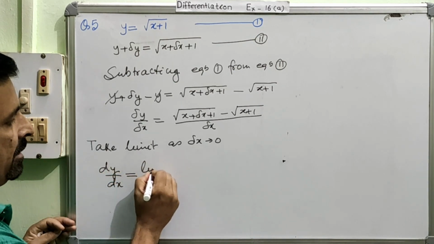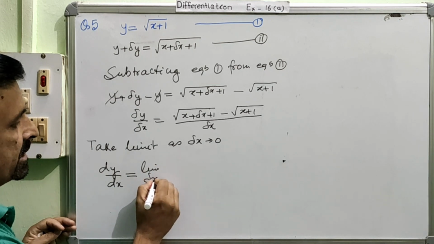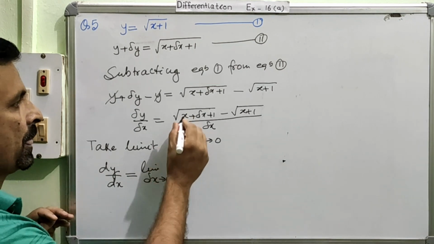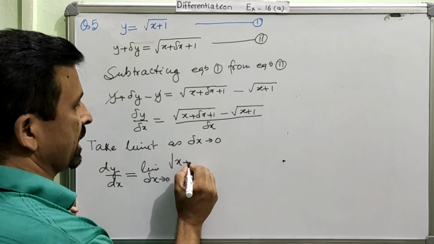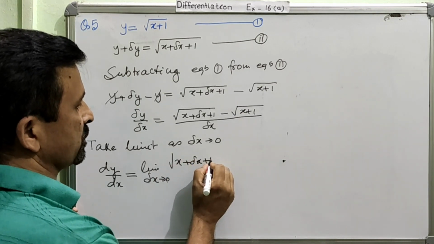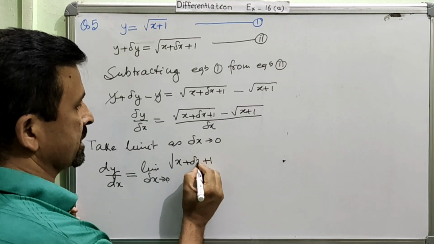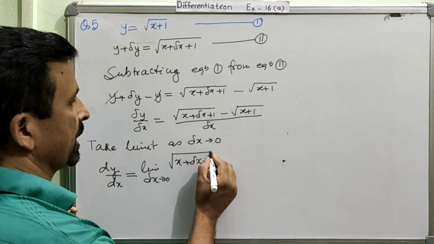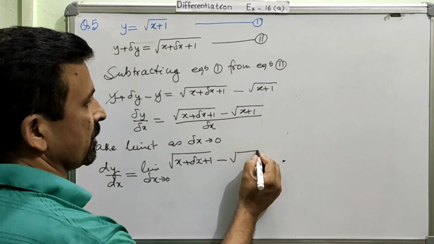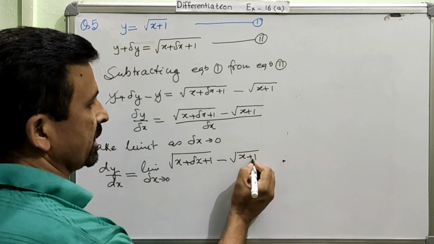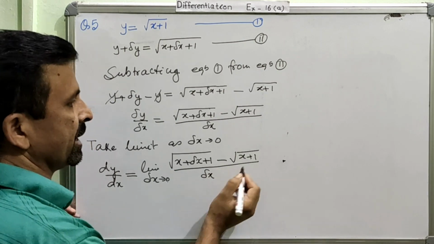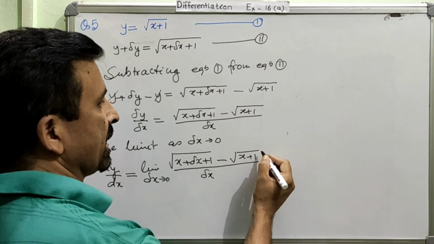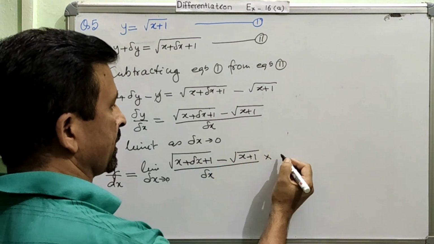This side limit delta x tending to 0. Now first rewrite it, root over x plus delta x plus 1 minus root over x plus 1 divided by delta x. And then to rationalize it, we will multiply numerator and denominator by the same quantity with a different sign.